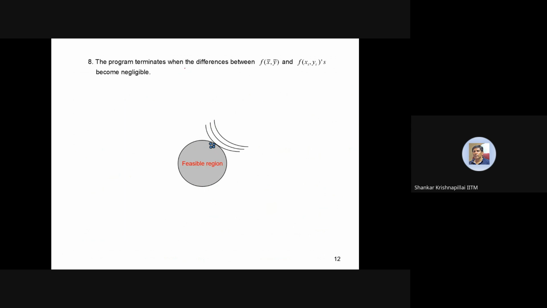Okay, the program terminates when the differences between the center of gravity of the points and the individual values of the f of xy's become negligible. Initially all the points will be scattered like this, and in the end, all will be clustered like this.